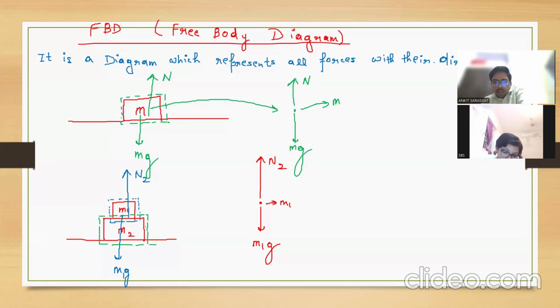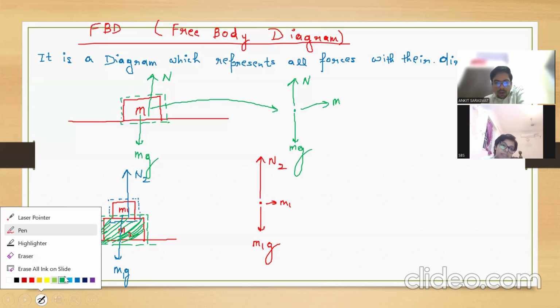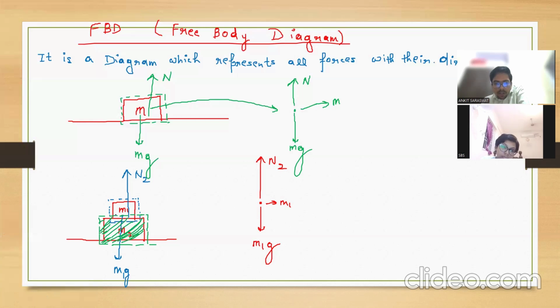Don't draw any forces which are due to this M2 on other objects. Now this is my system. Who is applying the force on it? M1 normal is applying the force. Very good. So on this, M1 is going to apply like this.